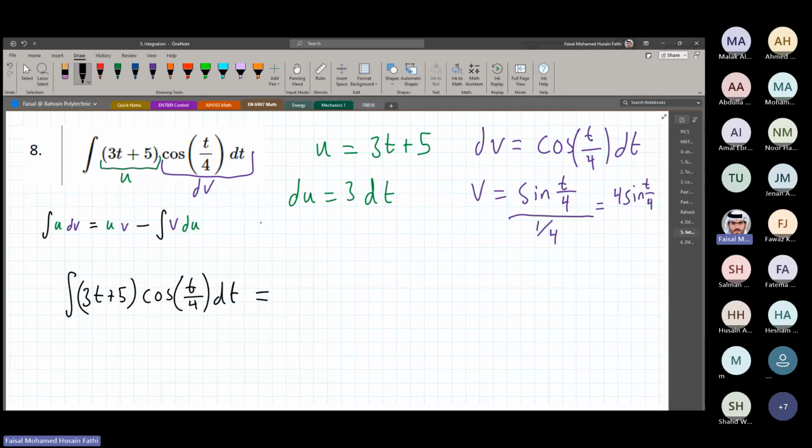What's uv? 3t plus 5, what's our v? 4 sine t over 4, minus the integration of v, which is 4 sine t over 4, times du, which is 3 dt.